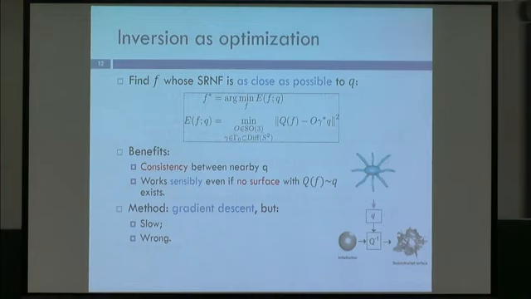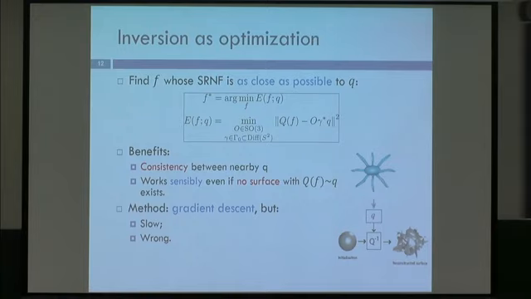And so I'll talk now about work that we've done to try and essentially hack in a reasonably logical and sensible way the fact that we don't really know anything about these maps and don't know how to invert them. What we do is we rephrase the inversion problem as an optimization problem. So if there is a surface that corresponds to a given Q, then when we map F via Q into the Q space, it will coincide with the given Q, and the distance between them will be 0.